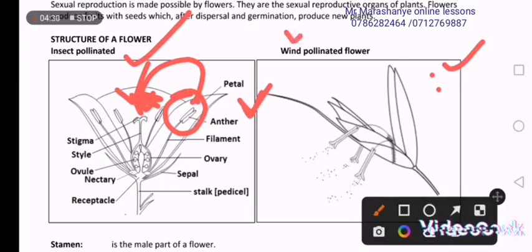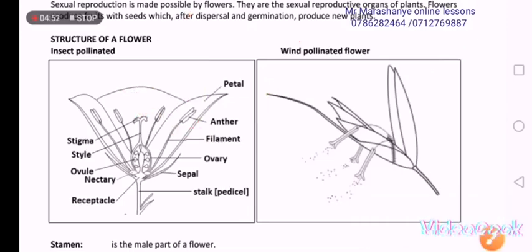So already I am giving you the difference. The first difference is that the agent of pollination for an insect pollinated flower is an insect, and the agent for a wind pollinated flower is wind.